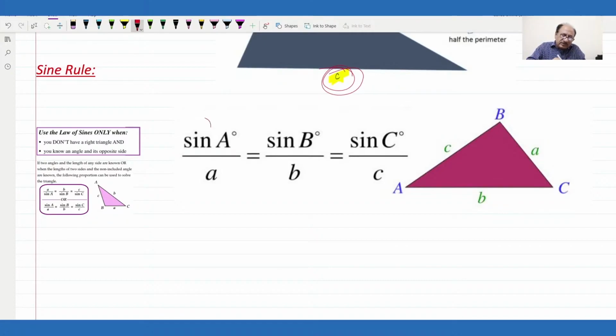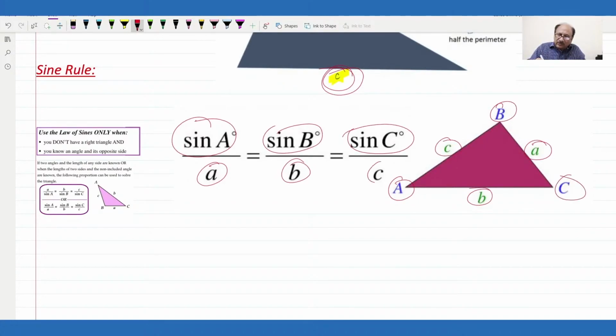Sine of angle A, this angle, divided by the opposite side a. Similarly sine B divided by the opposite side b, and sine C divided by its opposite side, which is c.